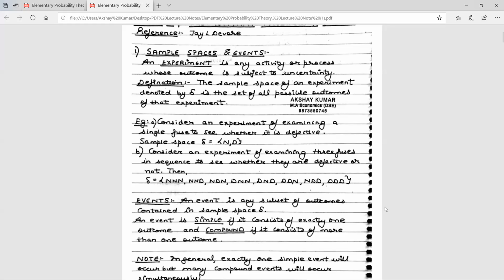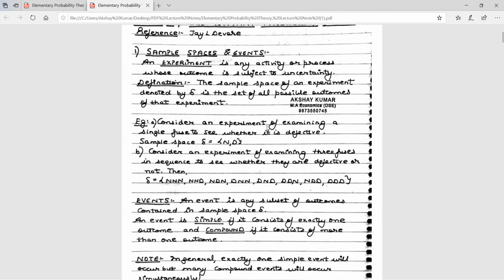Suppose we want to see whether a single fuse is defective or not, sample space will just be either you'll pick up a defective fuse or you'll pick up a non-defective fuse. Suppose you consider an experiment of picking up 3 fuses in sequence to see whether they are defective or not. Answer will be 2 to the power 3, which is 8.